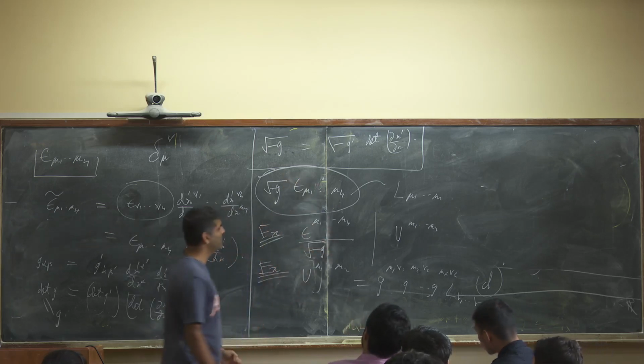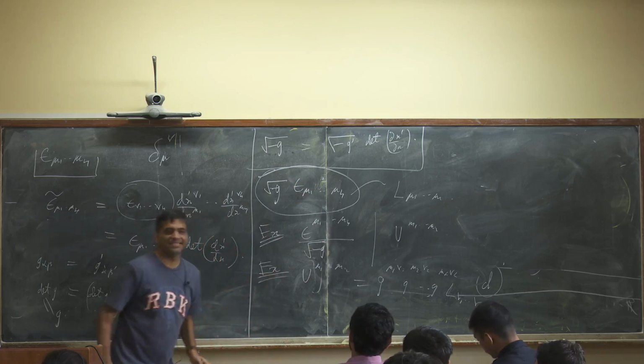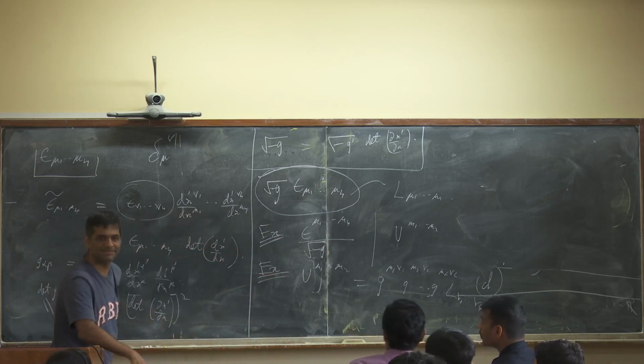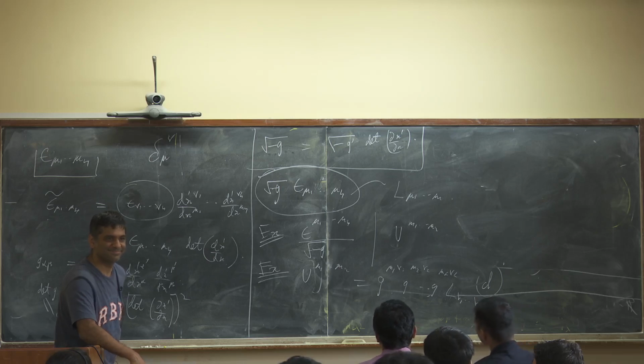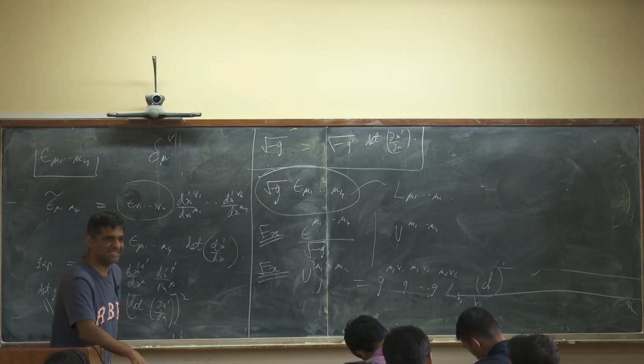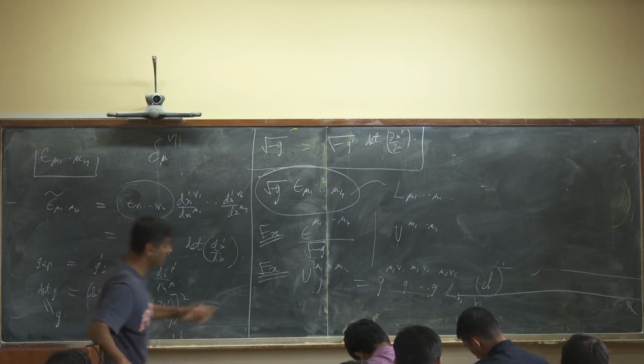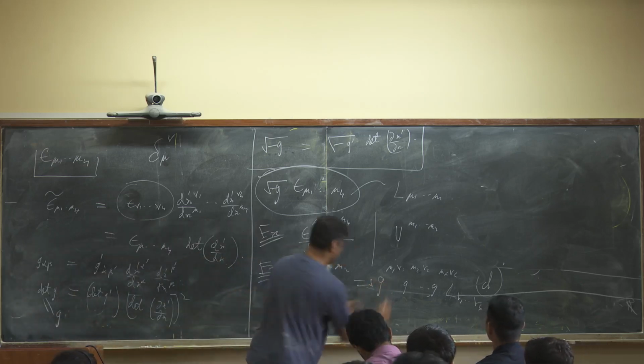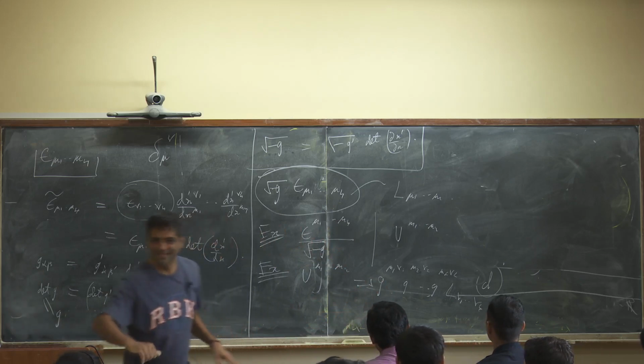Can somebody do the second exercise in their head right now? It's an obvious thing. The signs are sometimes a bit tricky. I may have even got a sign right, plus minus.